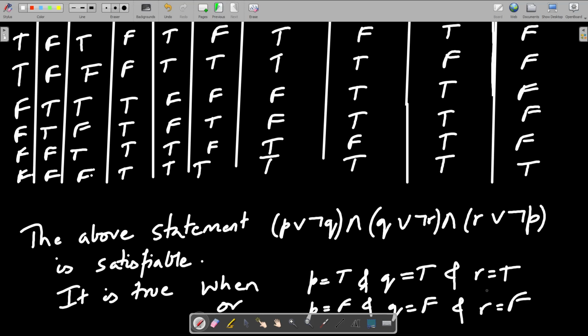Only in these two possible scenarios the final answer becomes true, when either all the statements are true or all the statements are false.